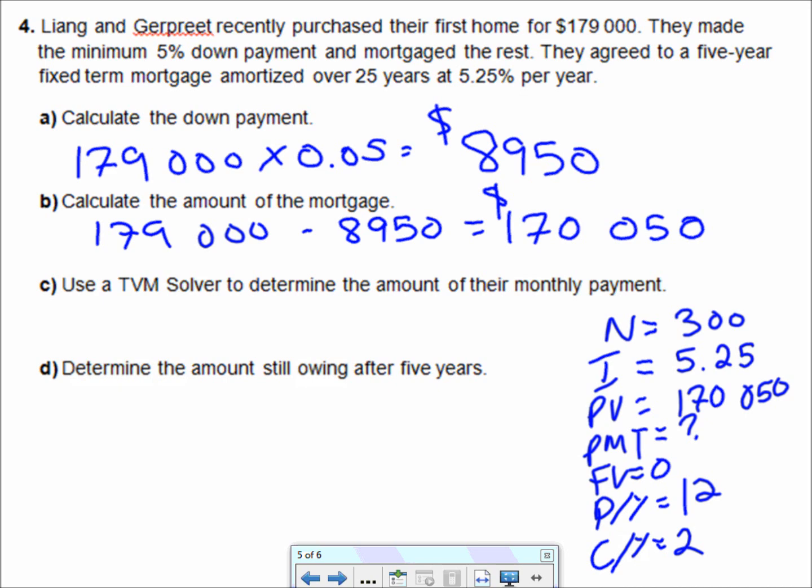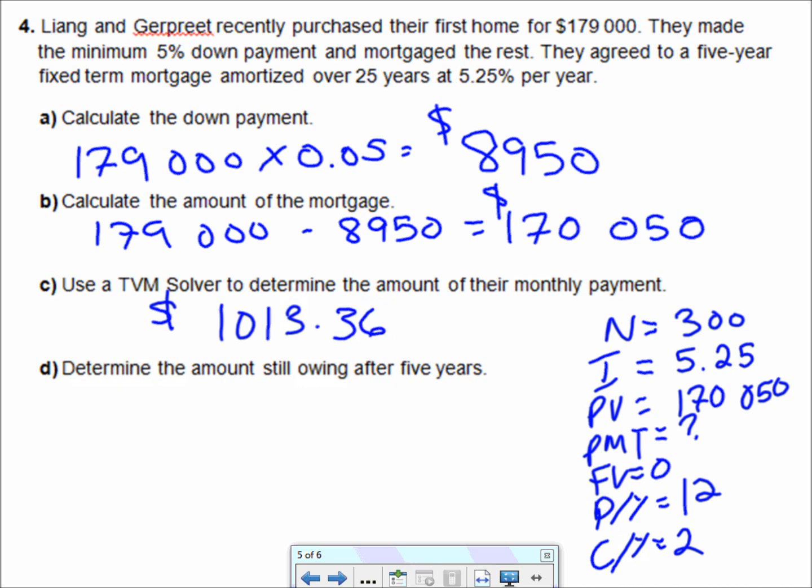I got 1,013. You dropped a 0, right? Yeah. Okay. So our monthly payment, and you guys should be checking this, is $1,013.36.